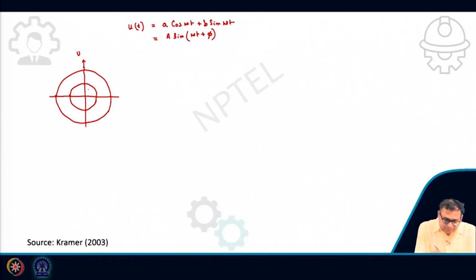So this is your b value, and you know that cos theta is equal to sin theta plus 90 degree.